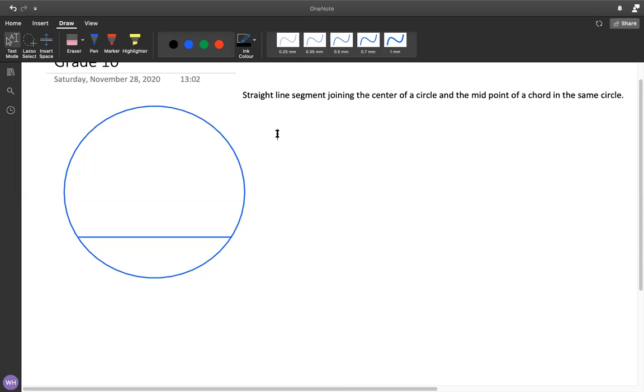Okay, so we are going to discuss about the straight line segment which is joining the center of a circle and the midpoint of a chord in the same circle.